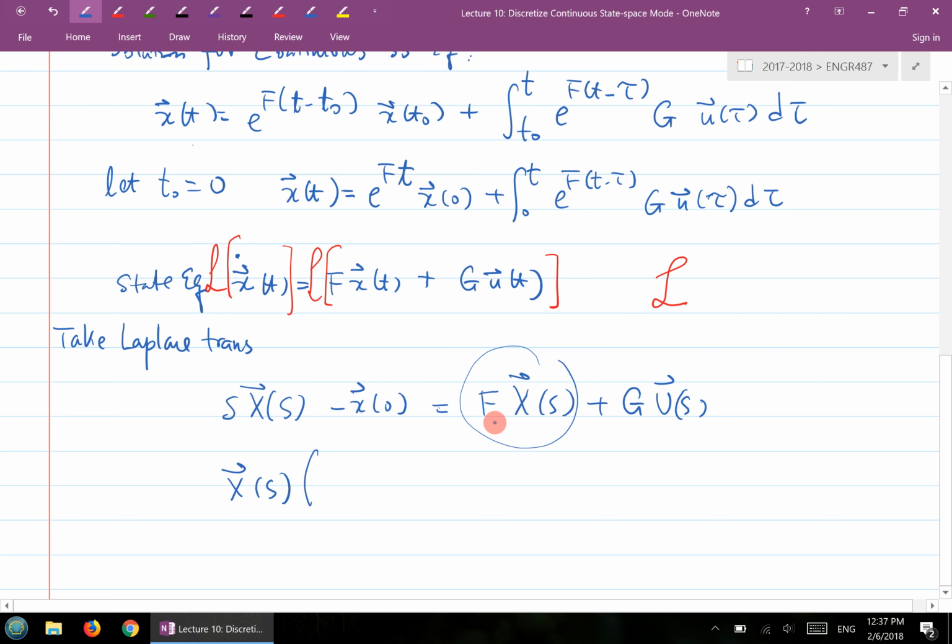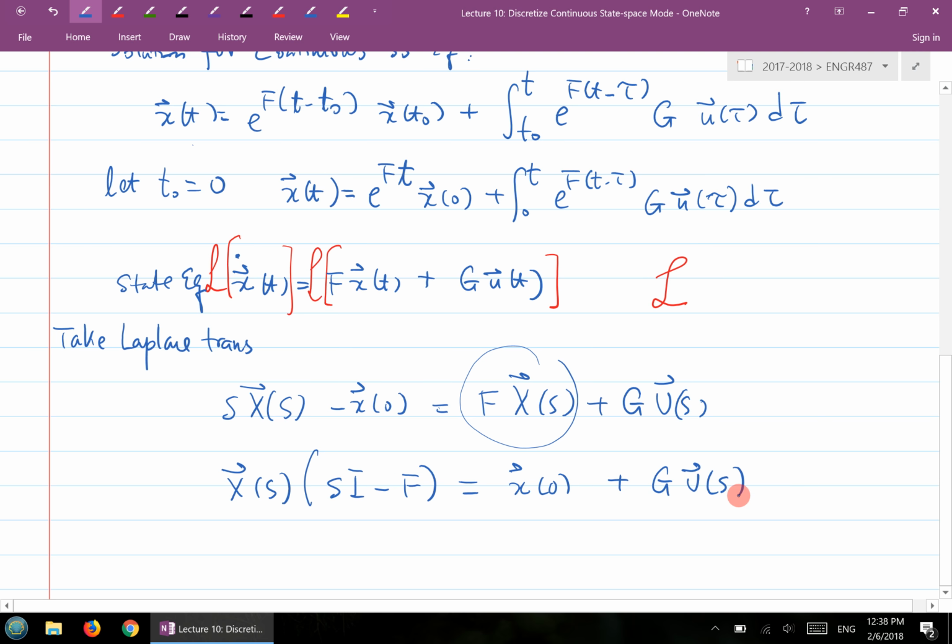So when you take the common factor out, you cannot use a scalar s minus a matrix, right? So what happens is you have to use s multiplied by a unit matrix I here, which is n by n, and then minus F here. Then I'll move this x(0) to the same side over here. So that's the manipulation from this step.